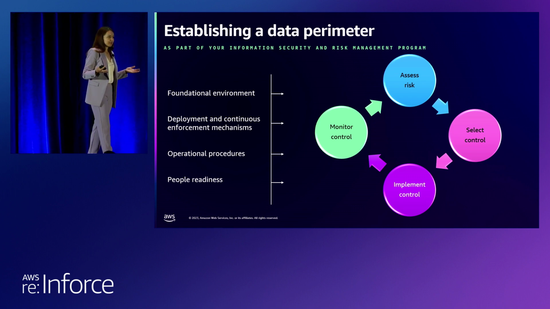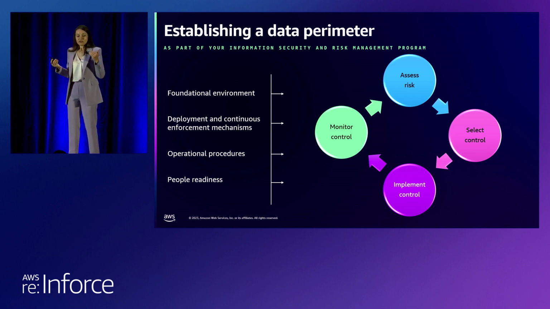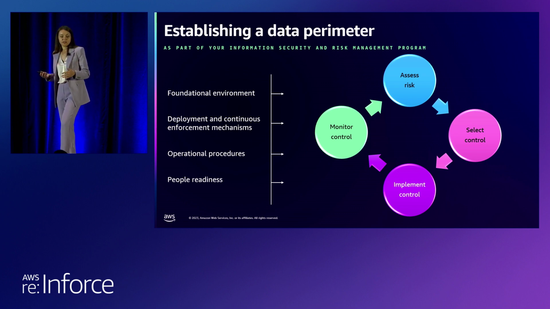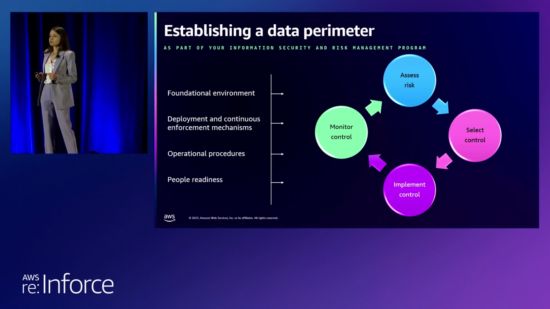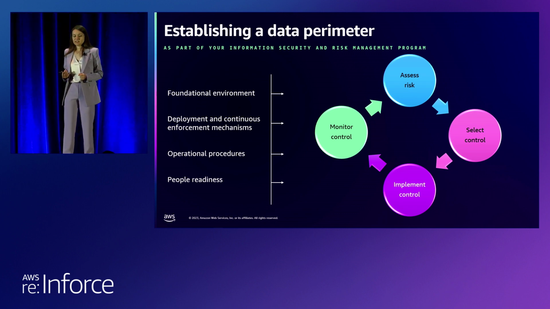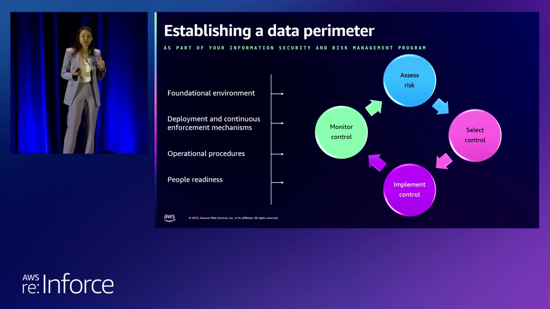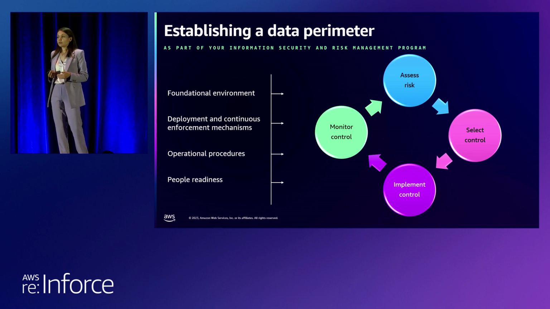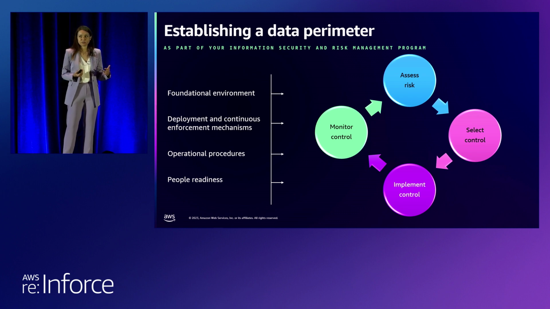This is a somewhat simplified version of the risk management framework, where in order for you to successfully carry out all of the steps, it is recommended that you have certain foundational building blocks in place. And I'm not going to spend a lot of time on that because Tyler and Caleb actually will be demonstrating what those building blocks are in USAA and how they allow them to successfully enforce and manage data perimeter controls at scale.